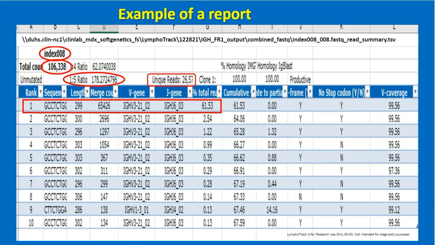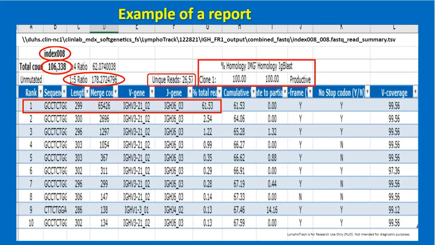Then you can identify what the rearrangement is. In this case, as you can see, IGHV3-22.1 with joining region 6 was the clonal product. It was 100% matched with the germline sequence, and it was also shown to be productive based on the analysis of the sequences.